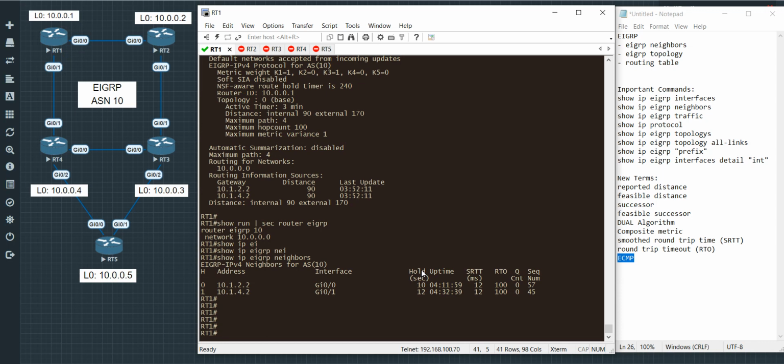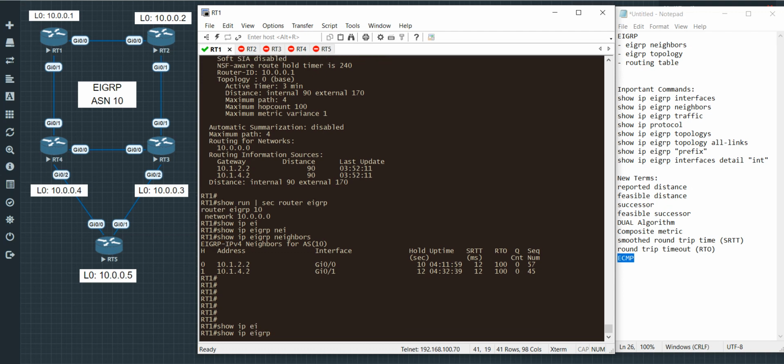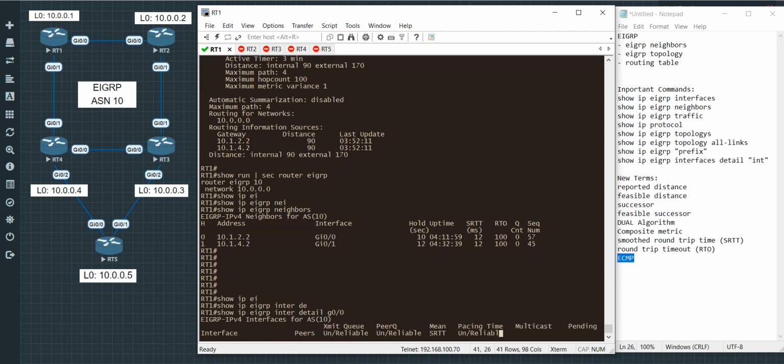It also has the hold timer, and this is kind of a countdown. The hold timer by default is 15. If you're interested in trying to determine what's the configured hold timer for a particular neighbor, you can run the command show ip eigrp interface detail, and you can set the interface, for example in this case gigabit 0/0.